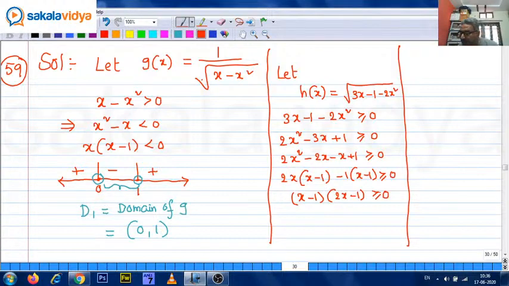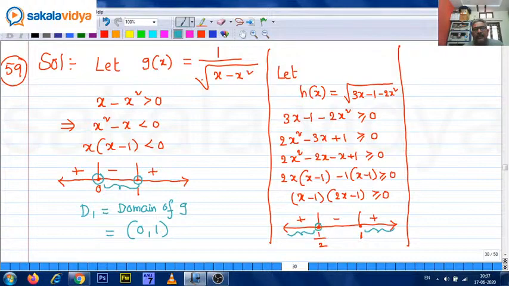Understood now? Okay, next now critical points. Critical points, actually here we have 1 by 2 and 1. So now number line, this will be 1 by 2, this will be 1. Here plus sign, minus sign and plus sign. So what we need to consider, plus greater than 0 means here to here and here to here.